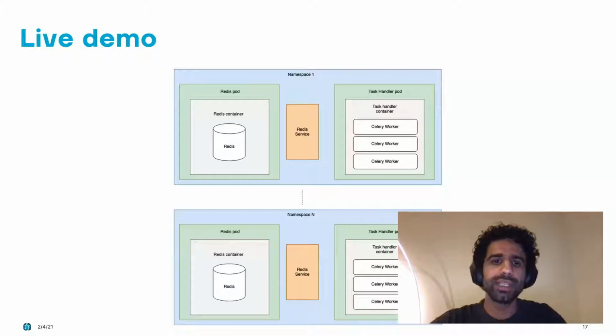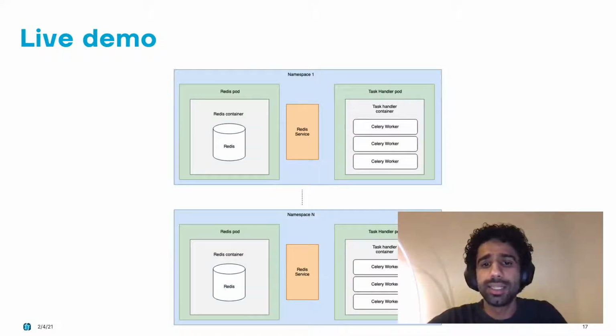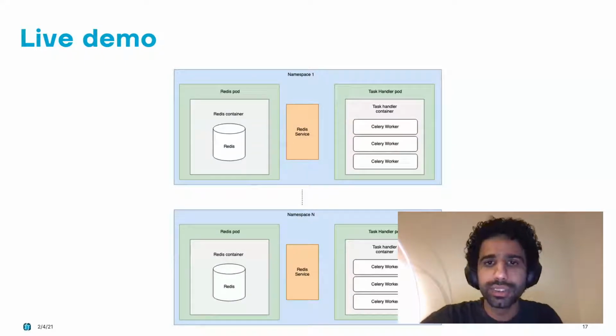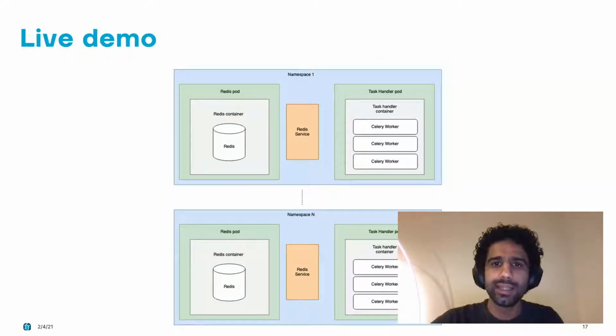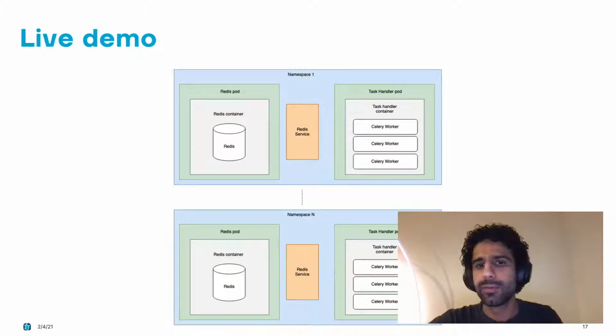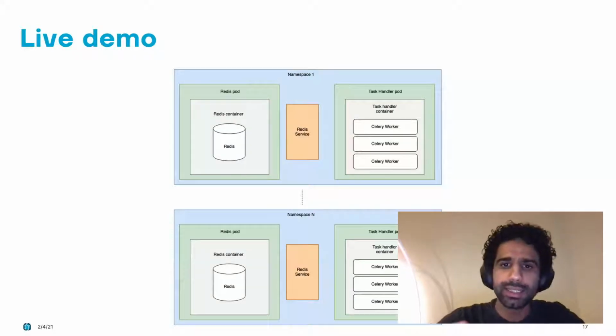So the API would receive an action, say, send email to these 1,000 users, and it will send a task to Redis. The Celery worker would pick up the task from this queue and process it asynchronously outside of the context of the HTTP request. So I had something like this running in different namespaces, and those pods kept dying.